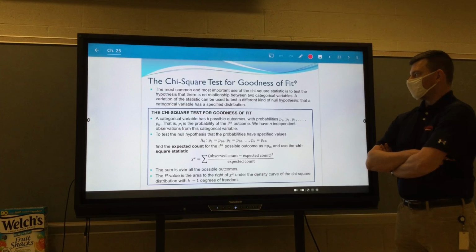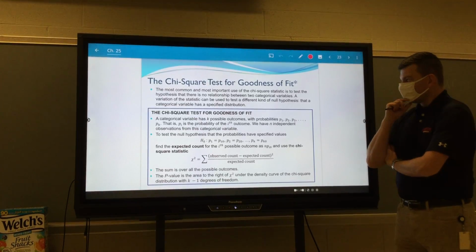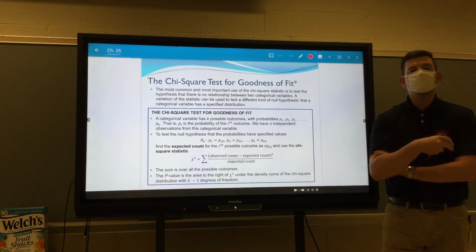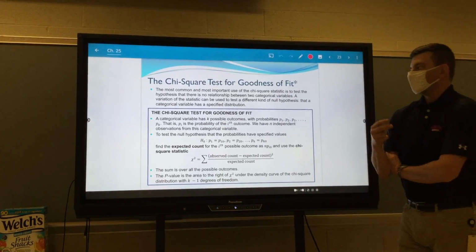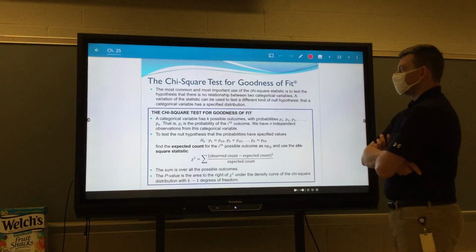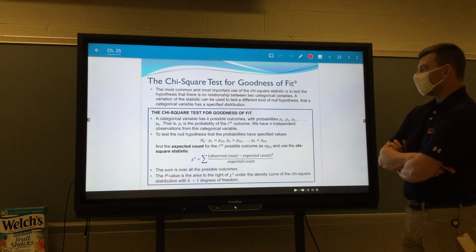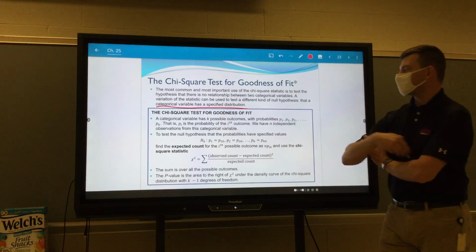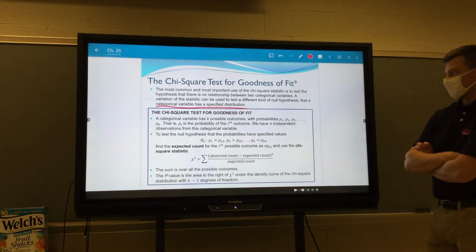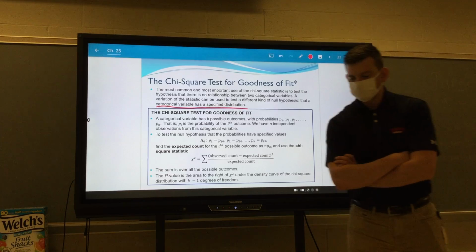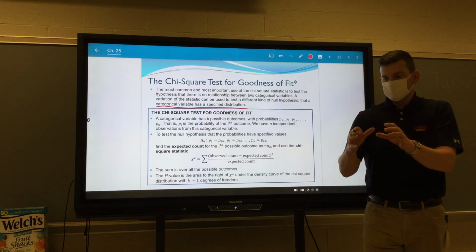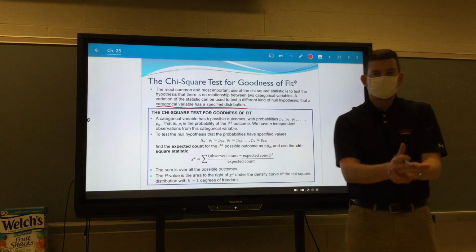But what this does, rather than compare to a set of expected values, instead with a goodness of fit test, you are testing to see if the categorical variable has a specified distribution, meaning that the distribution of the values is something that is predefined.